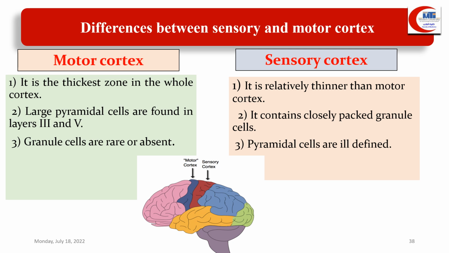It is relatively thinner than motor cortex. Number two, it contains closely packed granule cells. Third difference, pyramidal cells are ill-defined. So motor is thicker than sensory, motor contains large pyramidal cells but sensory has closely packed granule cells; motor has rare granule cells, but sensory has ill-defined pyramidal cells.